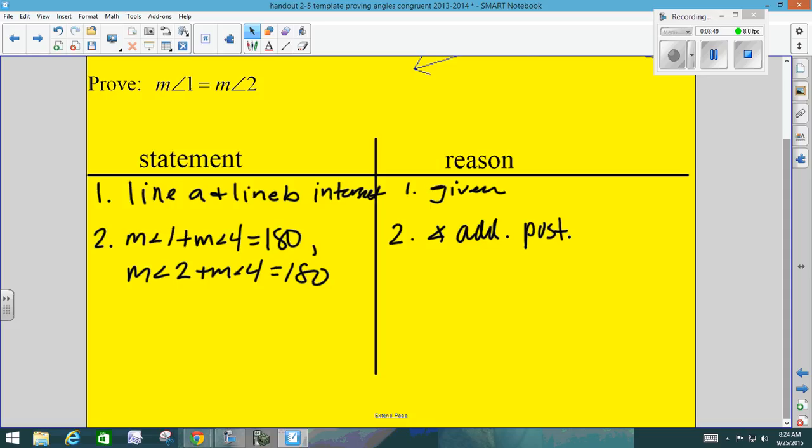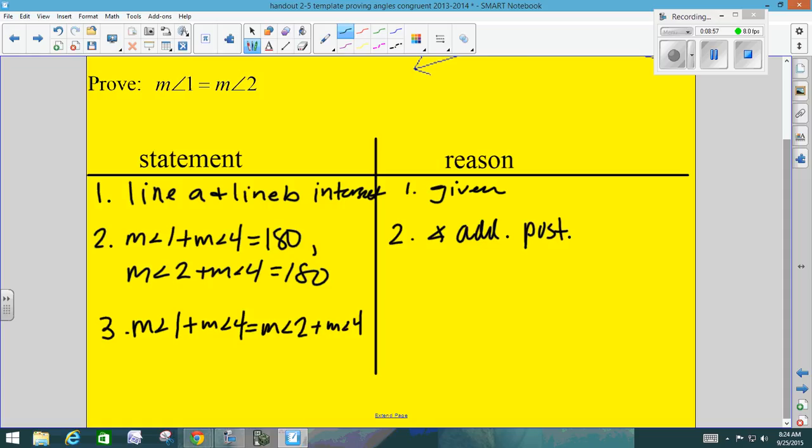So for step 3, set those expressions equal. The measure of 1 plus the measure of 4 equals the measure of 2 plus the measure of 4. I'm going to write down transitive property, but if you want to put substitution, because it makes more sense with substitution, then put that there. Whenever it can be transitive, then it can also be substitution. Okay, we're getting closer, because we turned it into one equation.